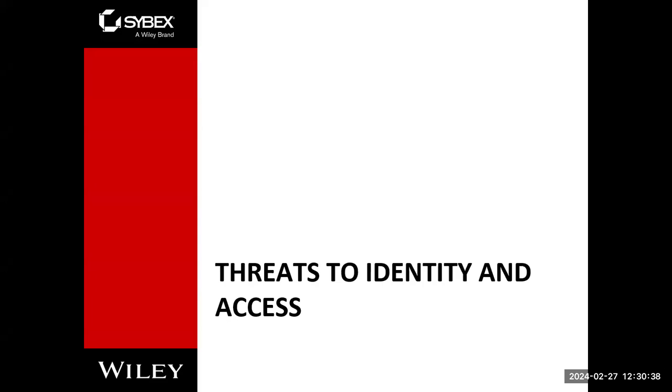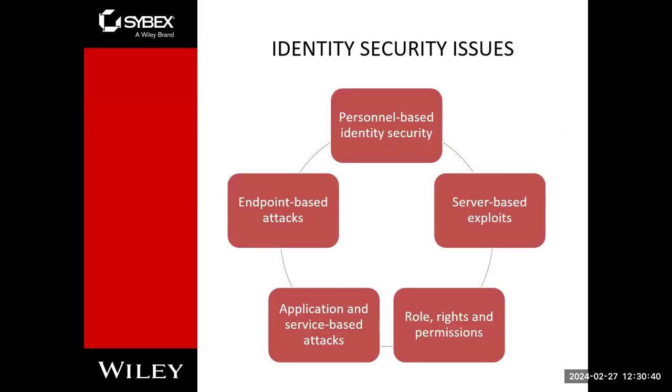So threats to identity and its access. What threatens identity? Personal-based identity security, so who you are. Server-based exploits, which are primarily based in the operating system. Endpoint-based attacks are aimed at end systems like phones, PCs, laptops.